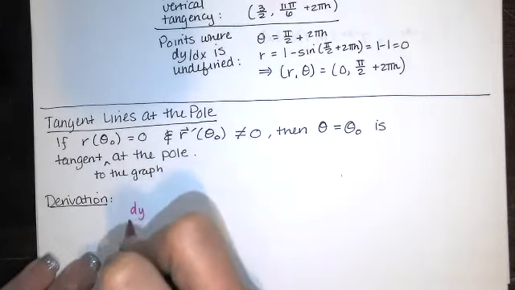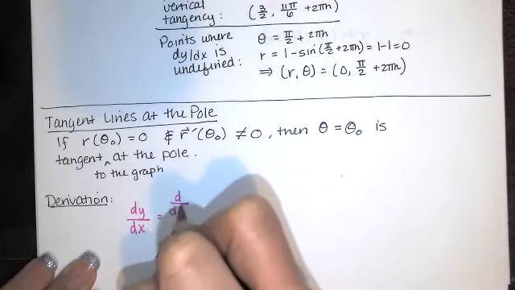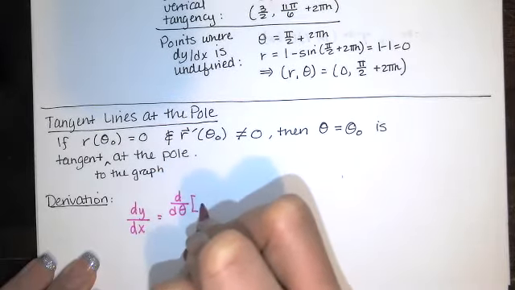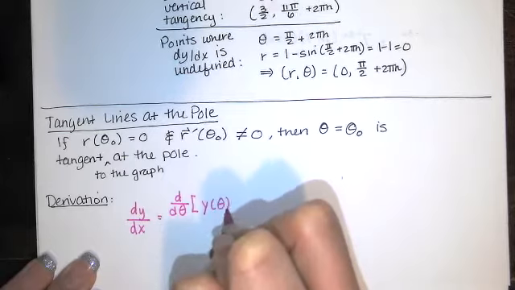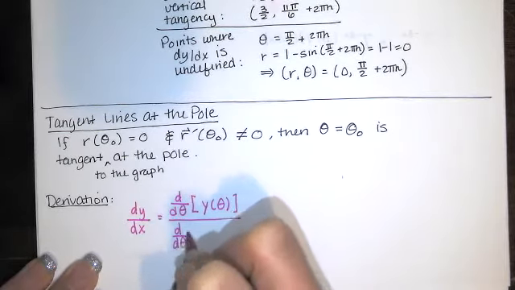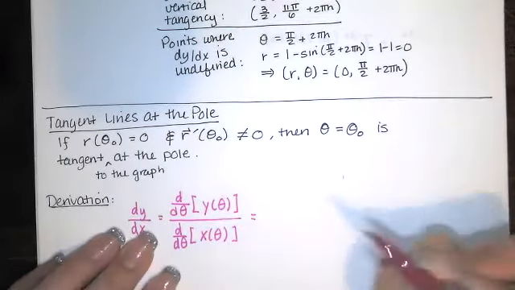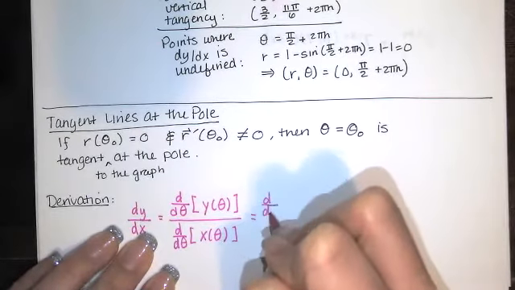Now remember how we came up with dy dx. We said, let's take the derivative with respect to theta of y, where y is a function of theta, and let's divide by the derivative with respect to theta of x, where x is written as a function of theta. Well, remember what y is.